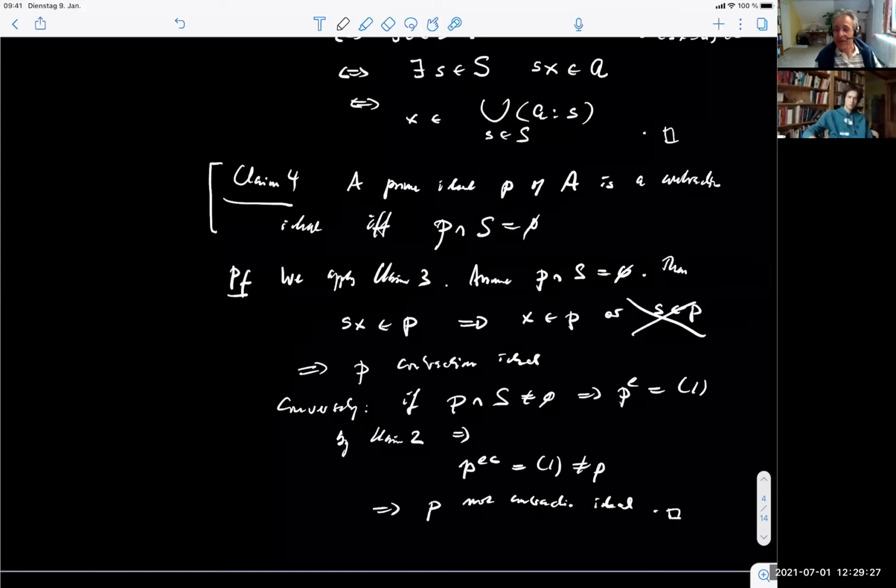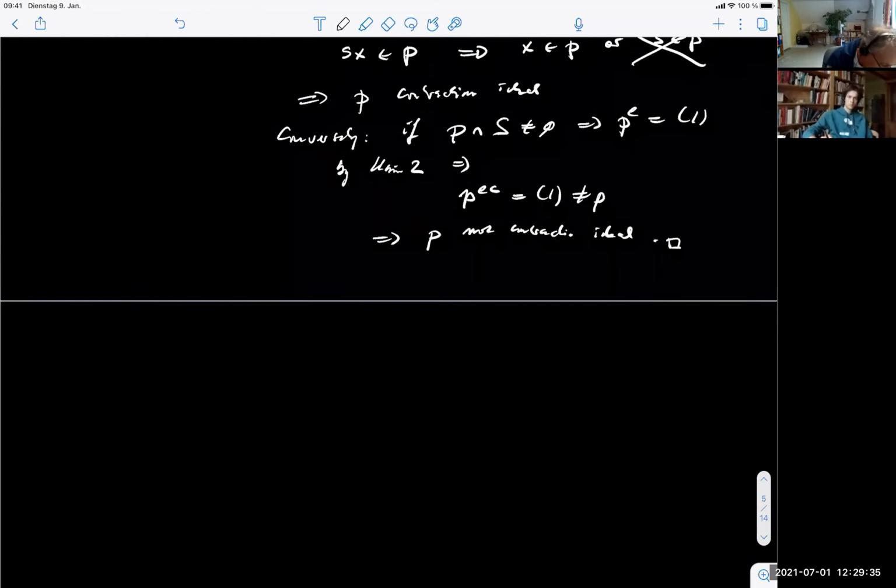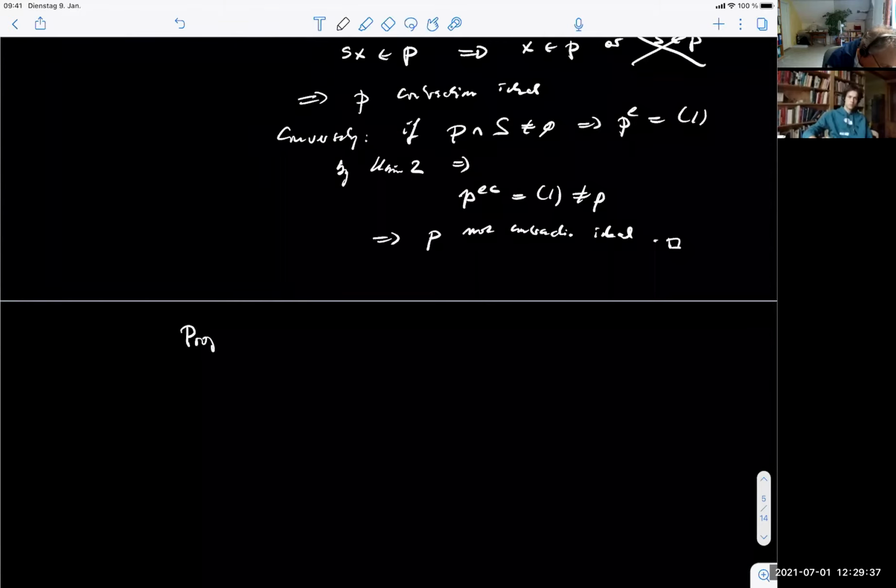Sorry about the confusing claim 3. Let me summarize what is important here. What is very important is this, in Atiyah-Macdonald, Proposition 3.11, part 4. I really want to emphasize this. It's about the description of the prime ideals in the localization.